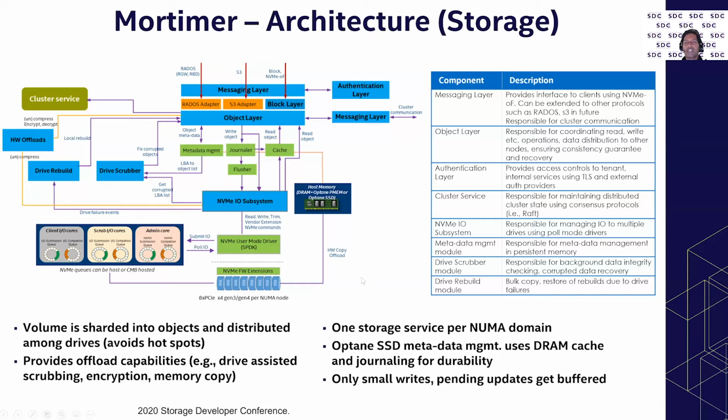In a two-socket type of configuration model, you end up having one Mortimer daemon per socket managing all the storage that is available on that socket. So in essence, you are looking at two storage daemons in a two-socket configuration.